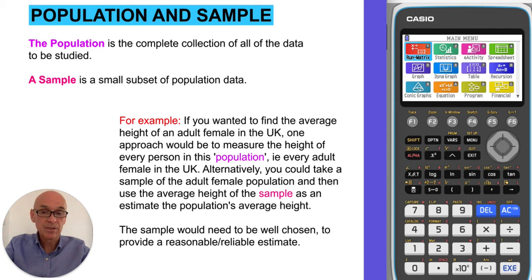So alternatively, you could take a sample from that population and then use the average height of the sample as an estimate of the population's average height. We would need to ensure that the sample is well chosen to provide a reasonable, reliable, and representative estimate.